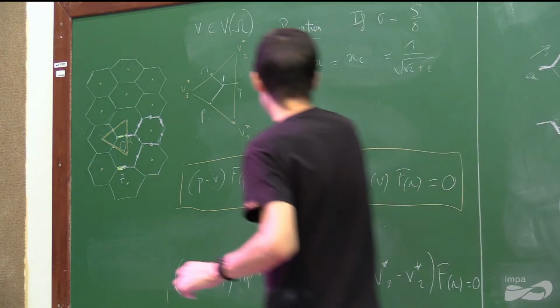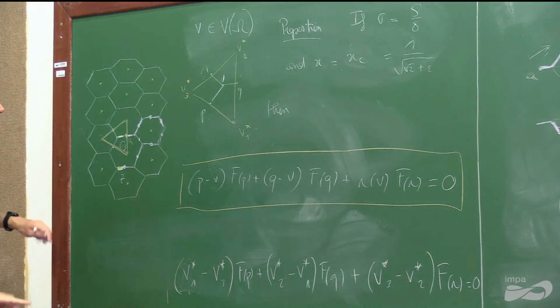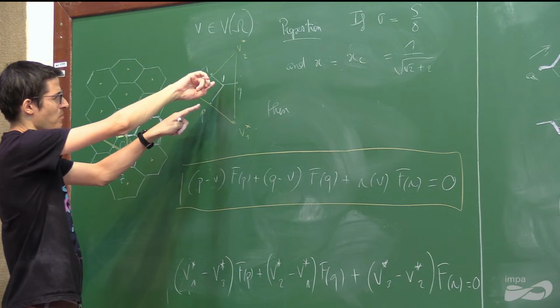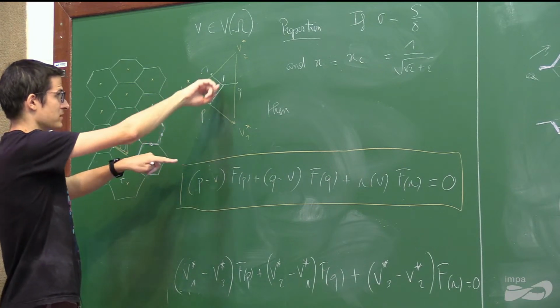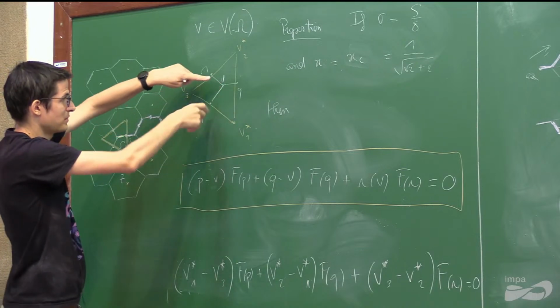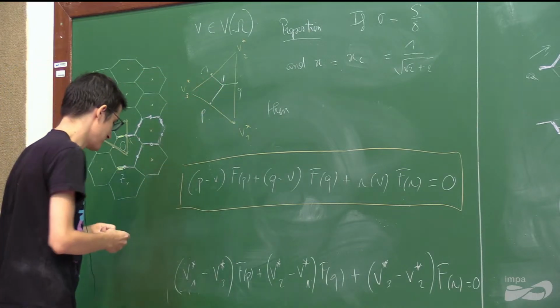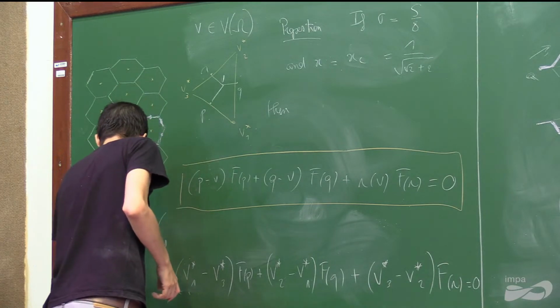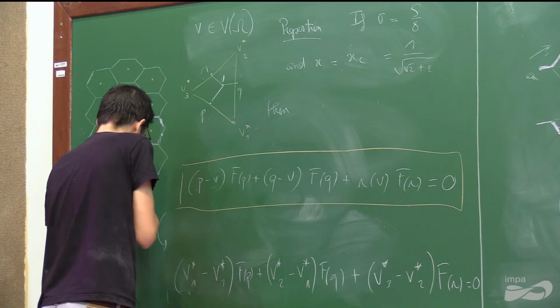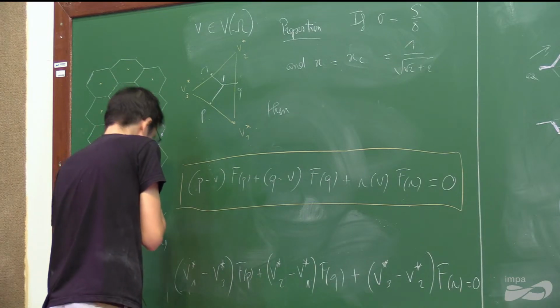Okay, why is this equivalent to that? What I've just done is multiply this quantity, P minus V, by I times 2 square root of 3.